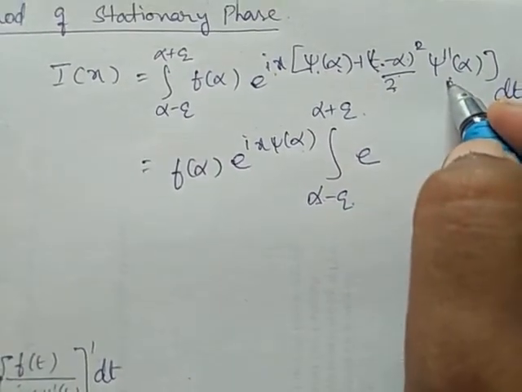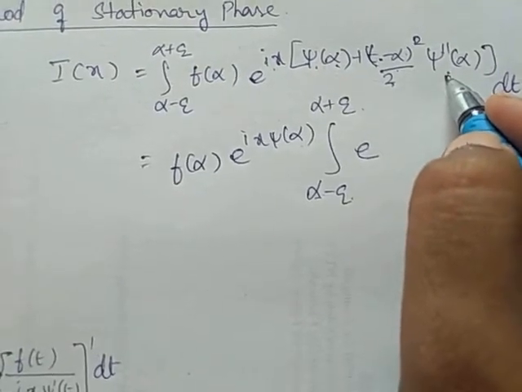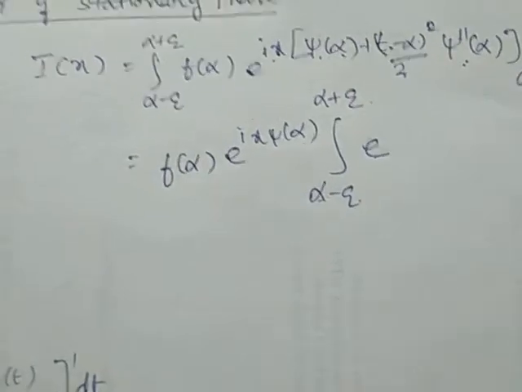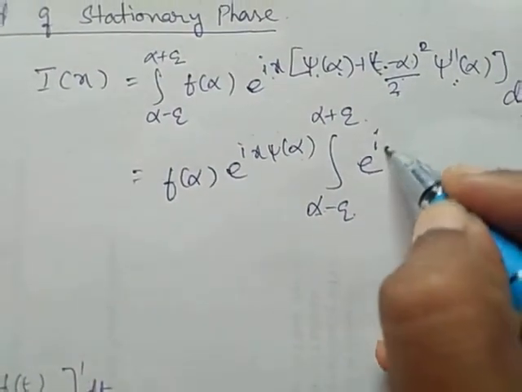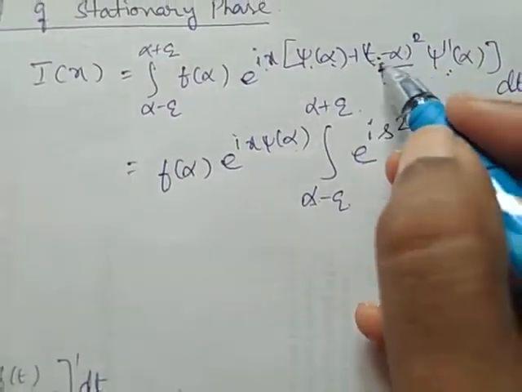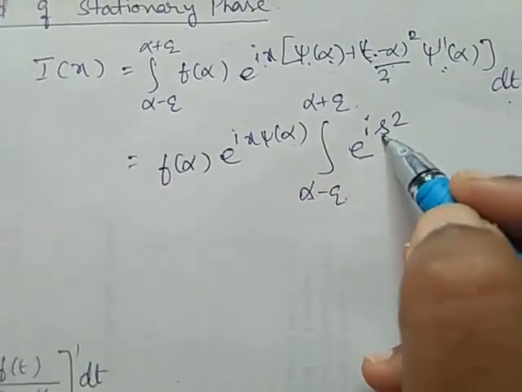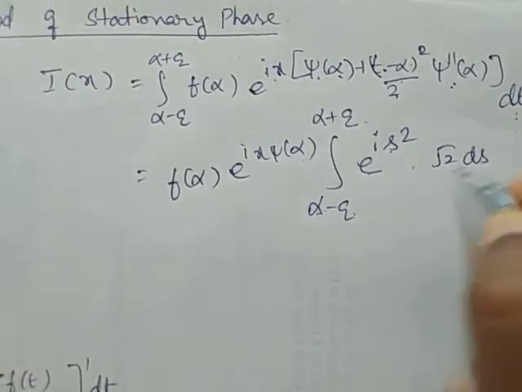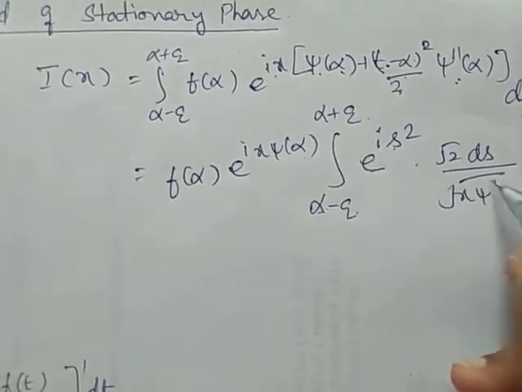I am taking it as i s². Therefore, this becomes e^{i s²}. This term I am substituting as s², and the dt term is √2 ds by √(x ξ''(α)).